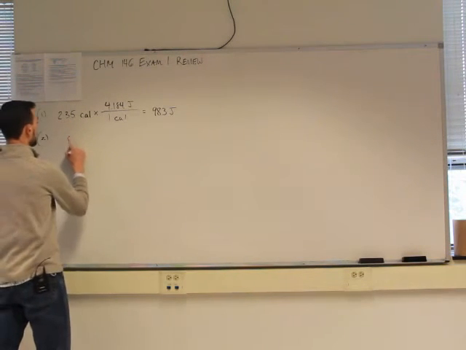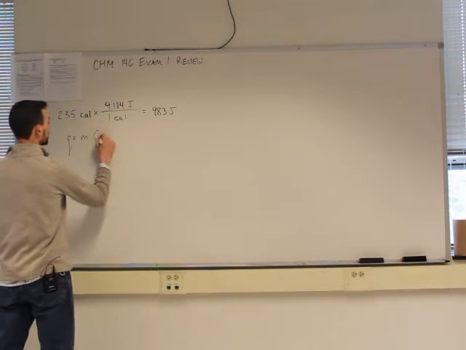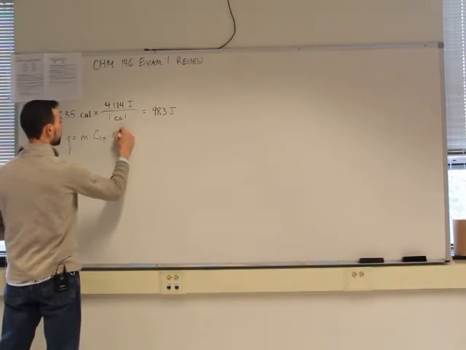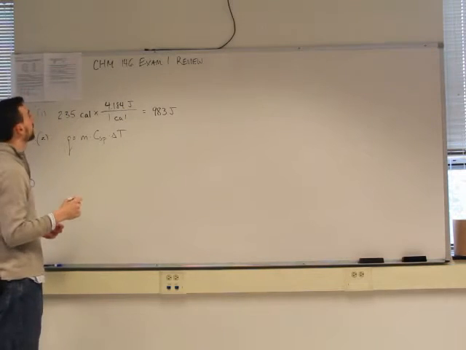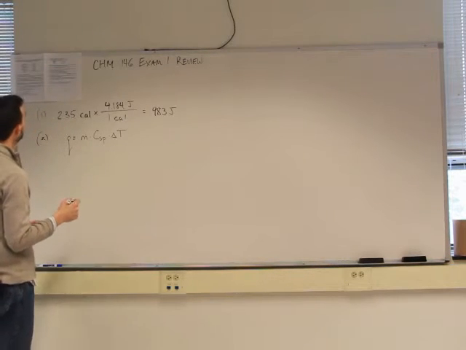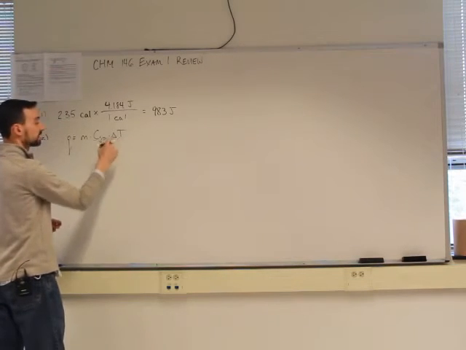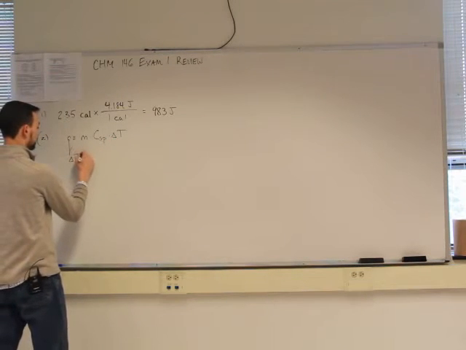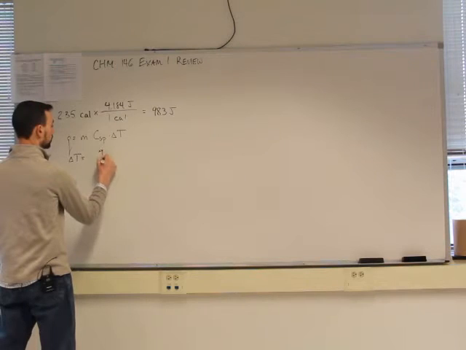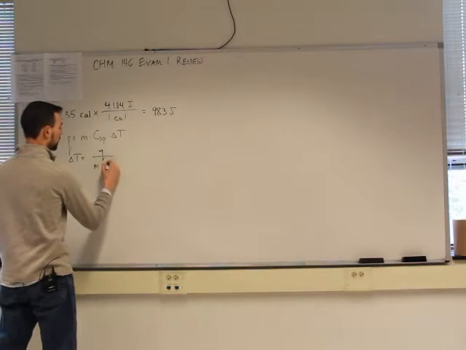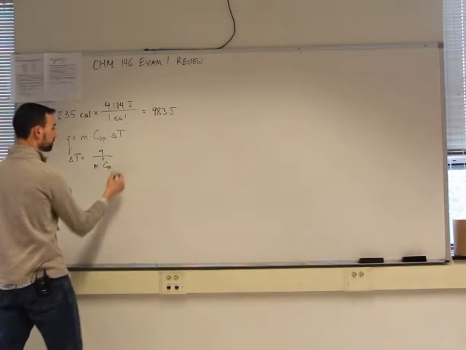And when there is a change in temperature of the system, we need the m times c_sp times delta T. Okay. Now we're asked for the final temperature, but that's going to come from first finding the delta T, the change in temperature. So this would be q divided by the mass of our ethanol and the heat capacity.